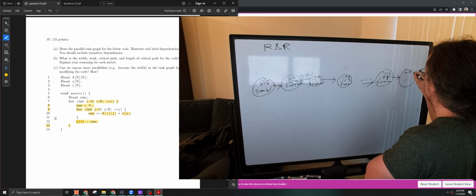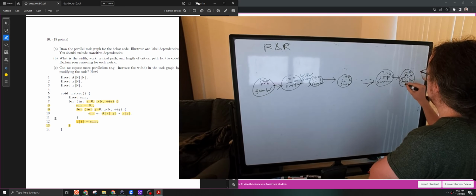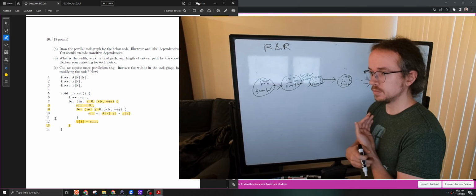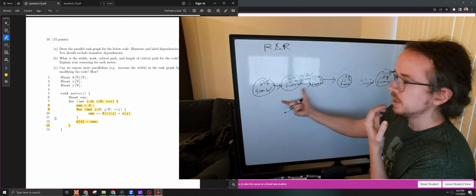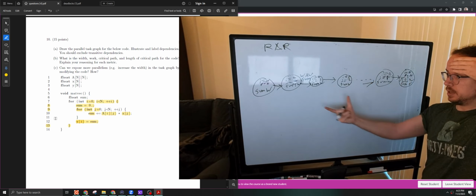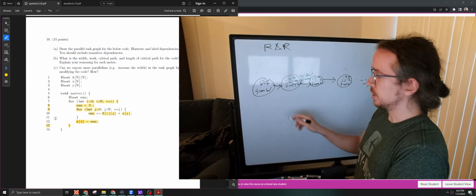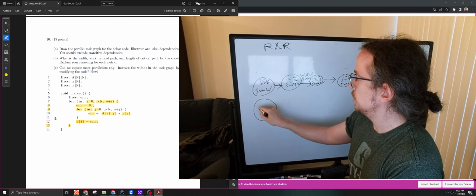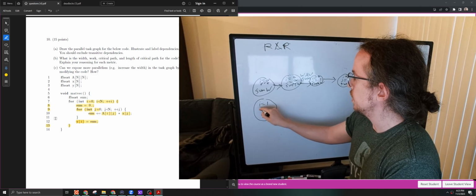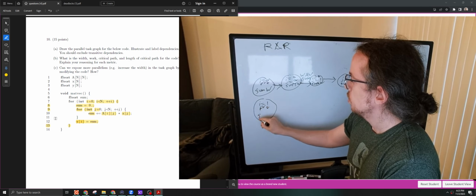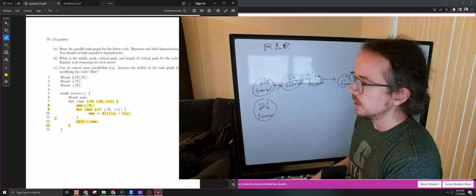So i equals 0 post. y[0] writes, sum read. And that's the end of the inside of the j loop. It just builds one long chain. What's interesting then is if we go on and we do i equals 1 pre, we're going to write to sum.